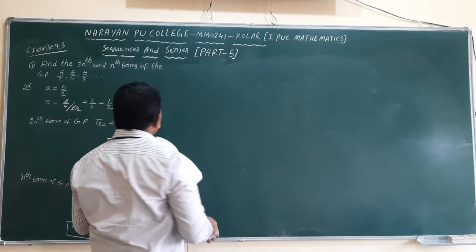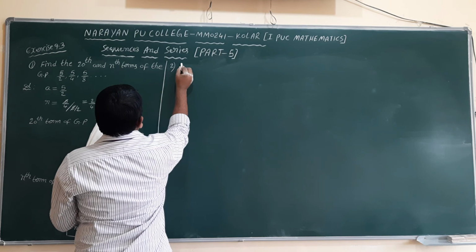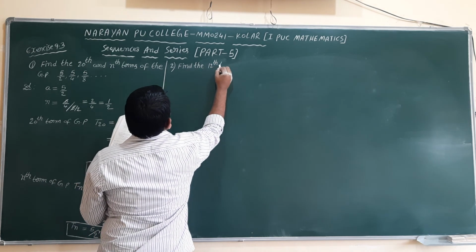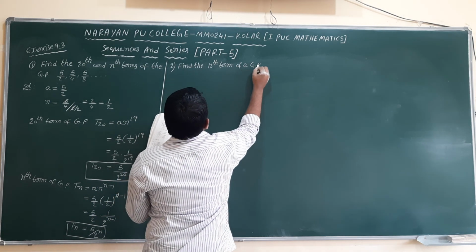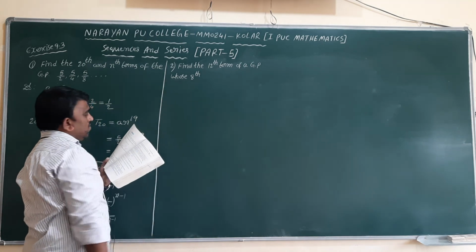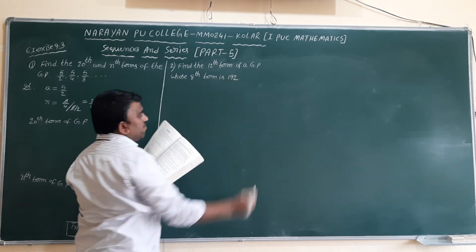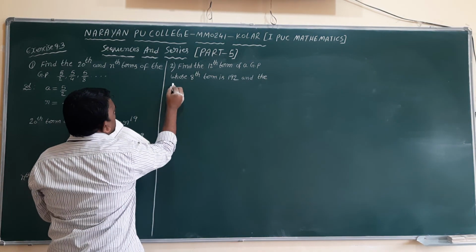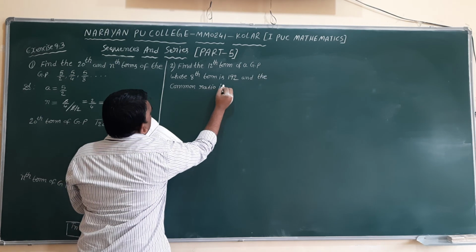And the next problem, second one: find the 12th term of a GP whose 8th term is 192 and the common ratio is 2.